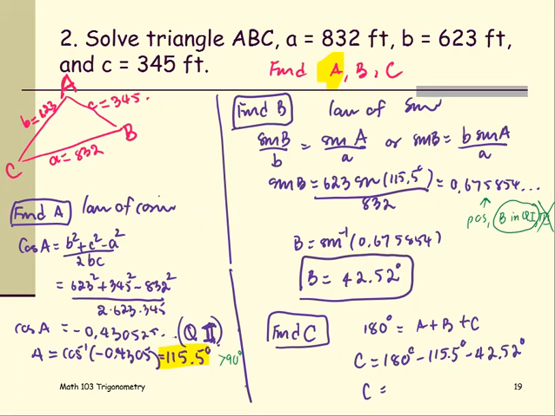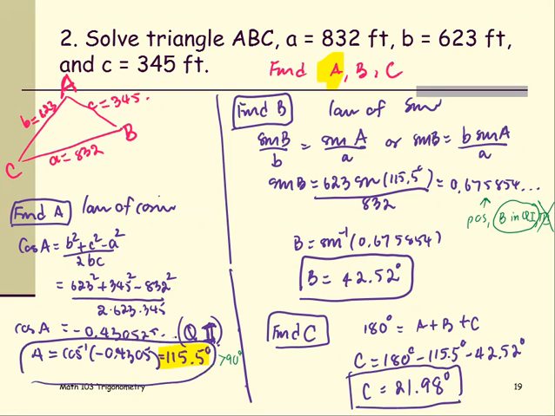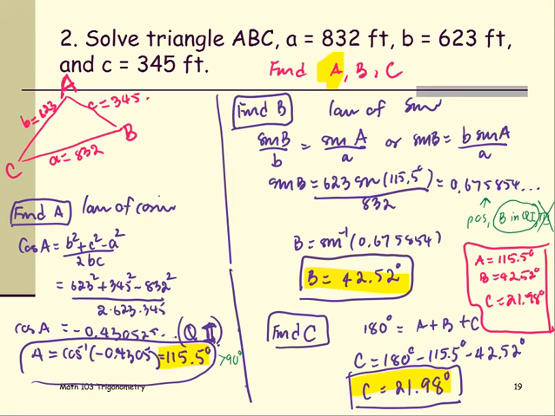And it turns out to be C equals 21.98 degrees. So we got the set of solutions. As a summary, for the solution, we have angle A equals 115.5 degrees, angle B is 42.52 degrees, and angle C is 21.98 degrees as the solution for this problem.